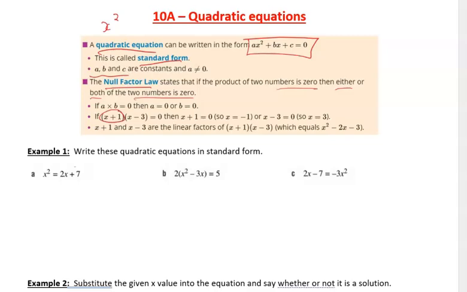So when we were in the last chapter multiplying binomials like x plus 1 times x minus 3, if we then put that into this form, if the product of those equals 0, then x plus 1 equals 0, and we can use our algebra to figure out that x is equal to negative 1, or x is equal to 3, because x minus 3 equals 0, and we add 3 to both sides.